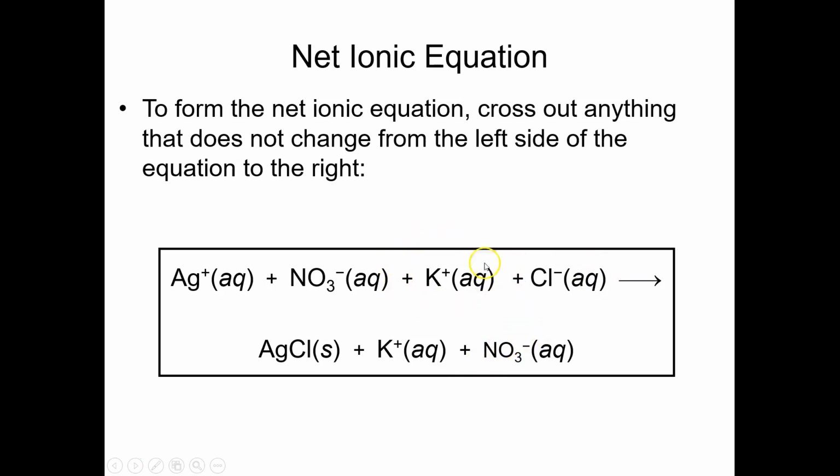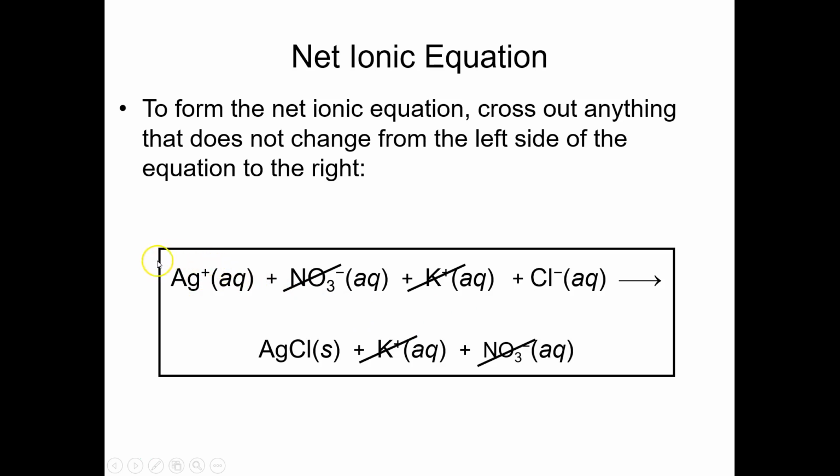There's an aqueous potassium ion on the left-hand side of the arrow and an aqueous potassium ion on the right-hand side of the arrow. And so we can simply cross out both the nitrates and the potassiums because they are not changed from one side of the arrow to the other. They just remain as aqueous ions in solution.